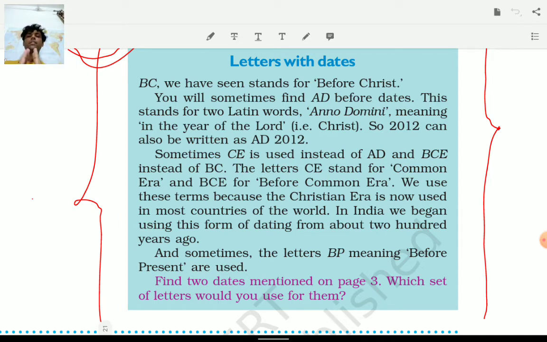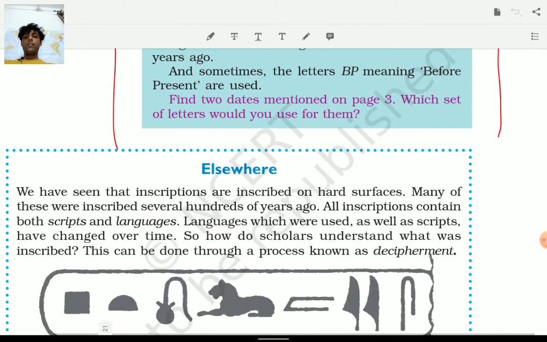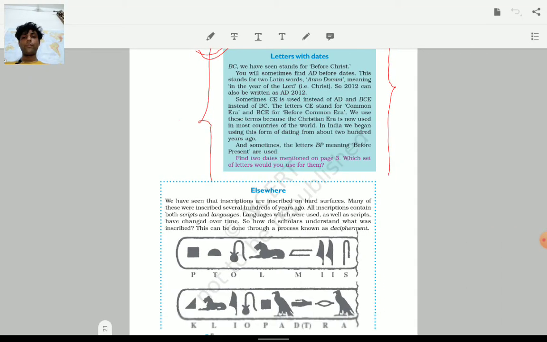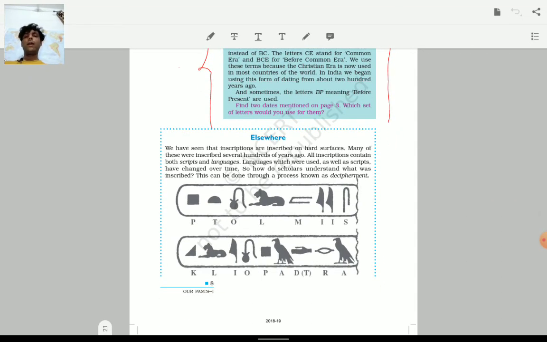It is similar to BC, so there's nothing to be confused about. And sometimes BP is used as well, meaning Before Present, but we will rarely see BP, because mostly in history books the dates used are either BC or AD.